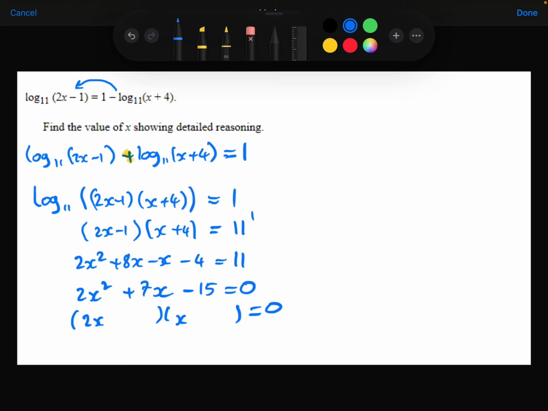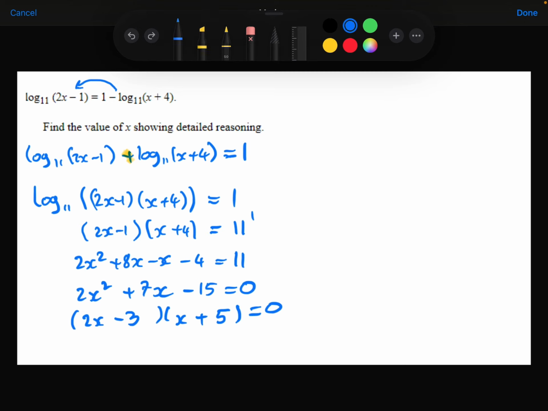To get the minus 15, I'm thinking a 5 and a 3. So if that was a 5 there, and that was a minus 3, then the 2x times the 5 is 10x, and the minus 3 times the x is minus 3x, so we get 10x minus 3x, which does equal 7x, so I factorise that correctly.